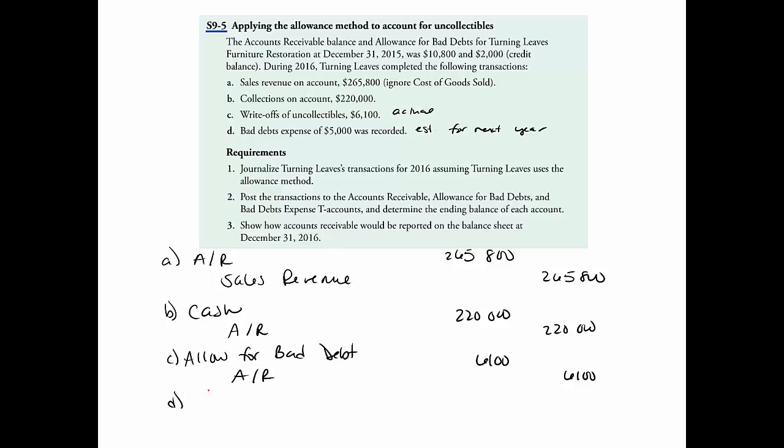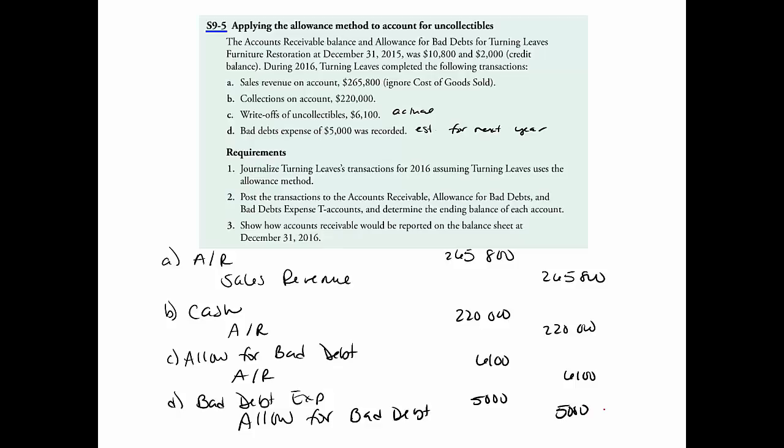So for this one, I'm going to debit bad debt expense and credit the allowance account. We're going to talk in the next couple slides about how I got this estimate, but for now, we'll just assume we came up with $5,000. We credit allowance for bad debt for $5,000.